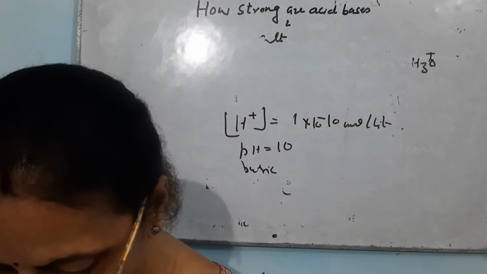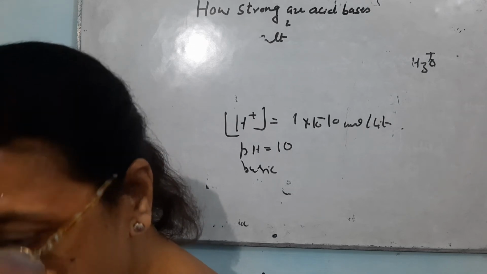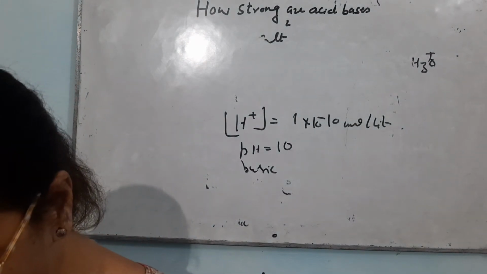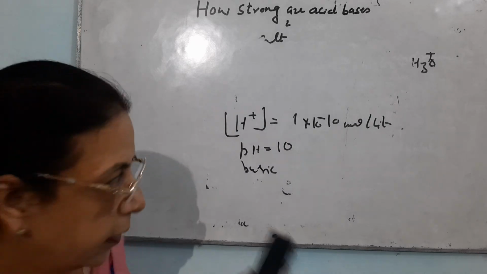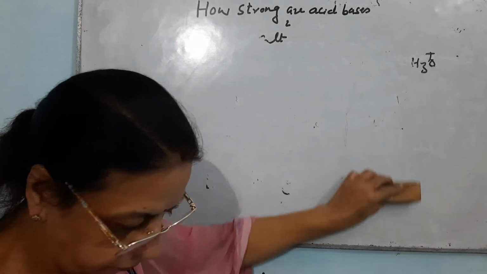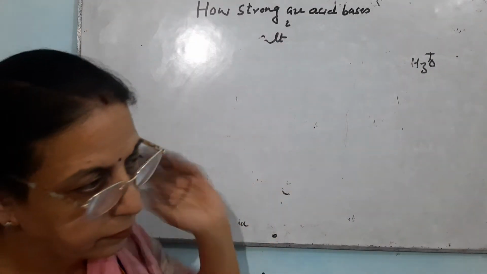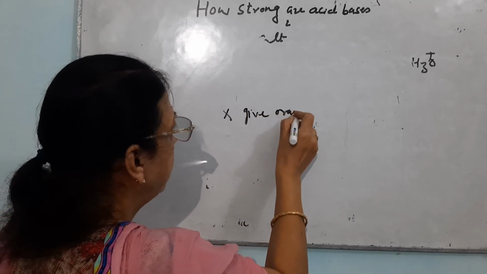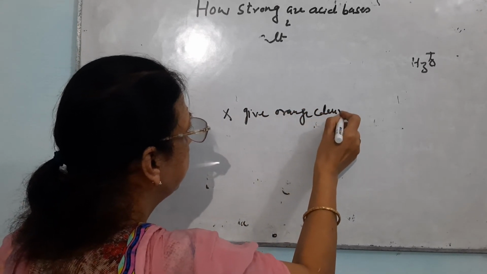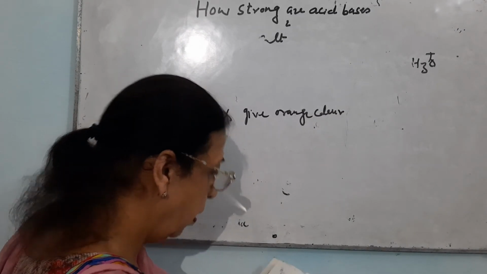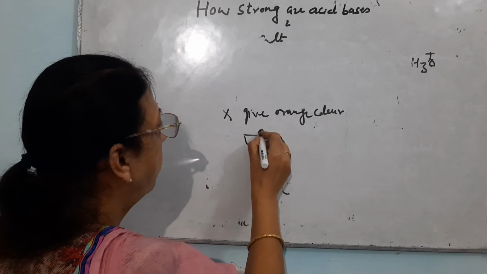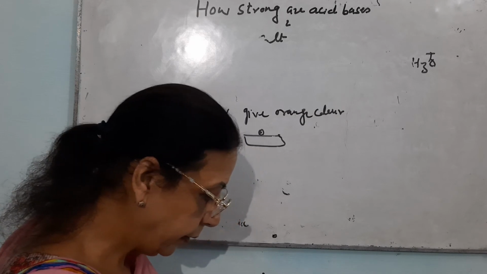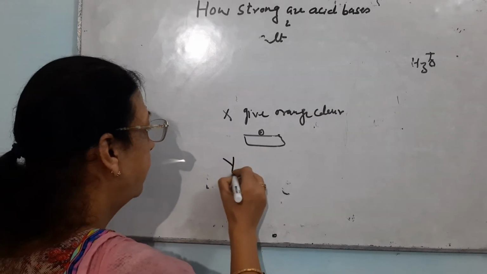Next question. A solution X gives orange color when a drop of it falls on pH paper.